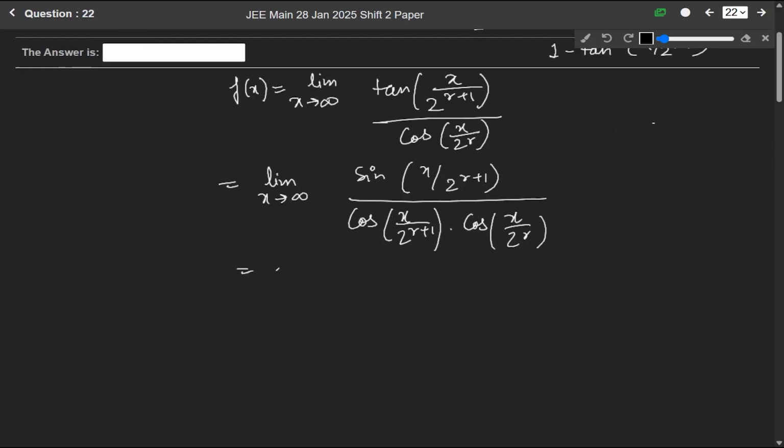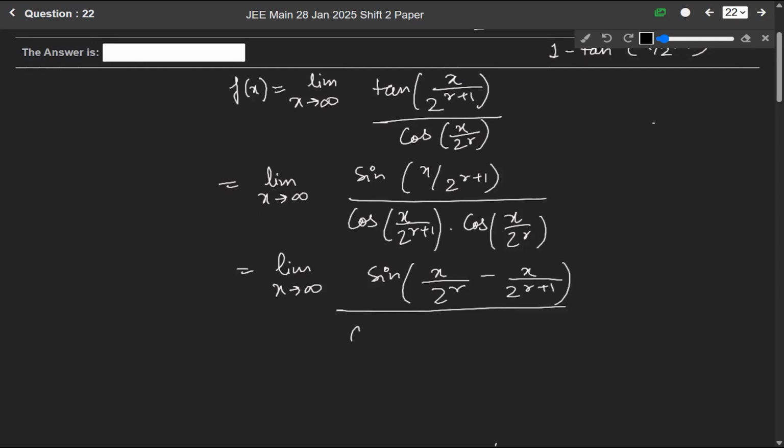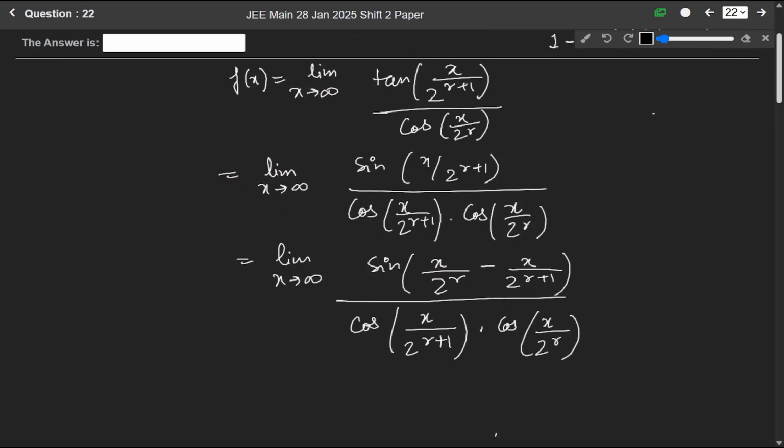So this will be equal to limit x tends to infinity, x over 2r plus 1. We can write it as sine of x over 2r minus x over 2r plus 1 over this cos x over 2r plus 1 into cos x over 2r. Okay.